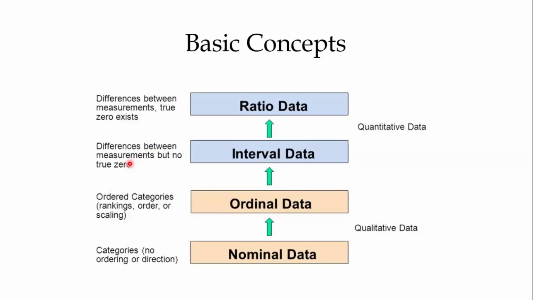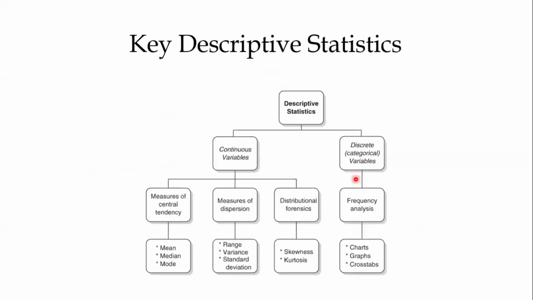They can assume a value along the number line, but there is no true zero, for example the temperature scale. And then you have ratio. Ratio means they can assume any value along the number line, and zero actually means that that value does not exist. So each of these data types again will be handled differently when you're doing both descriptive and inferential analysis.